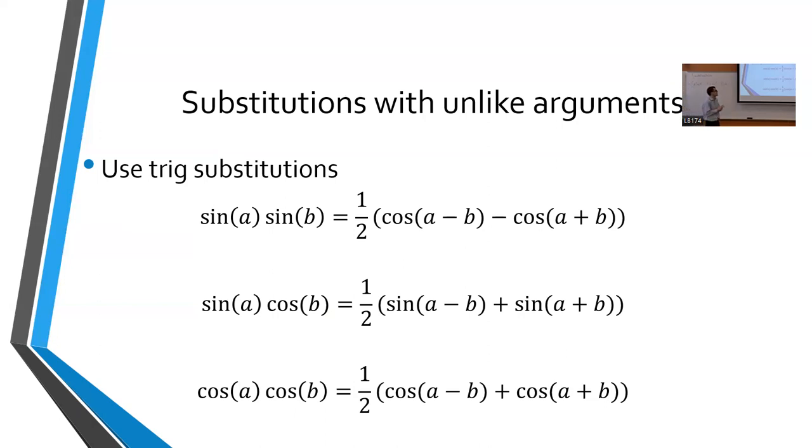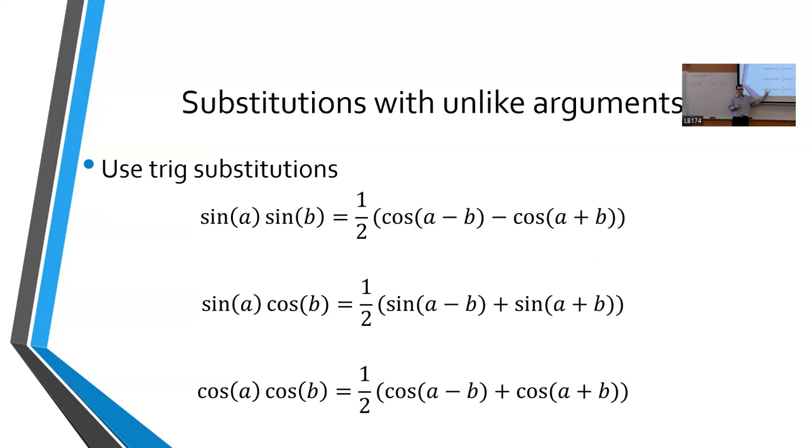All right. Now, I want to say something about these trig identities that you see on this screen. You'll notice that the first and third both have two sines or two cosines. So if you end up with a problem with two sines or two cosines, and you swap the order of A and B, it's not going to be that big of a deal, because multiplication is commutative.